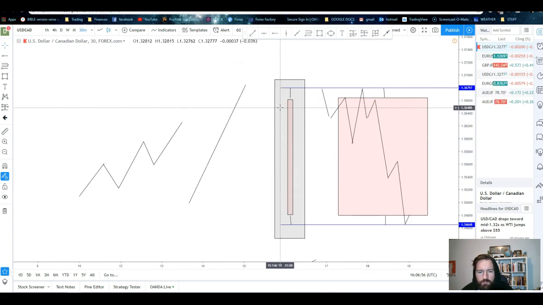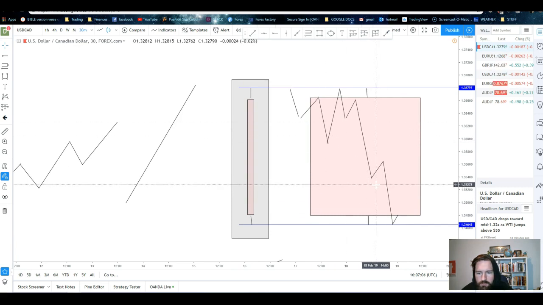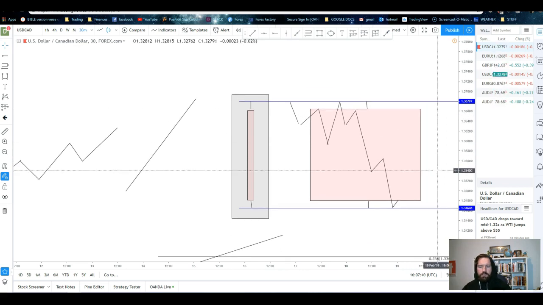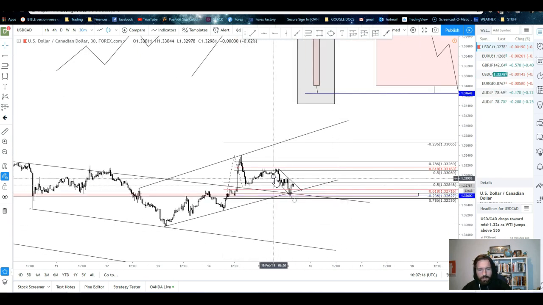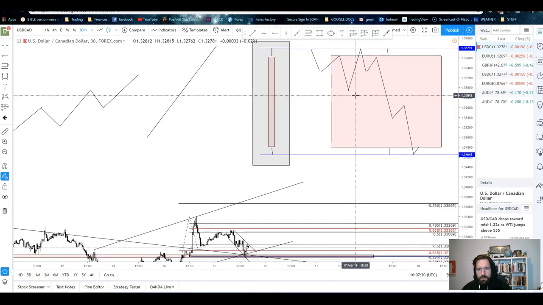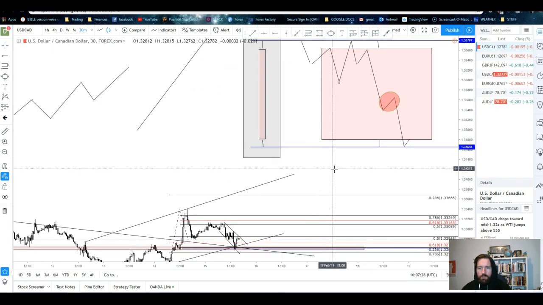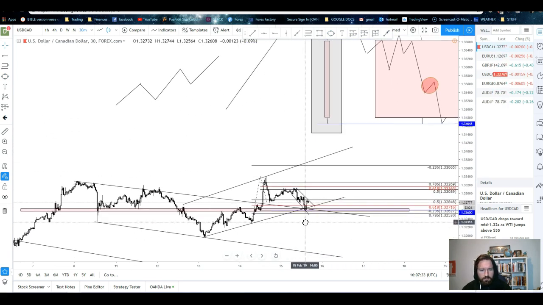So a unidirectional move is not going to be unidirectional in its entirety. So that's a little lesson to always remember that the market's ebbing and flowing. A quick pop on the lower time frames may just be a quick little pullback before a push down. And vice versa.